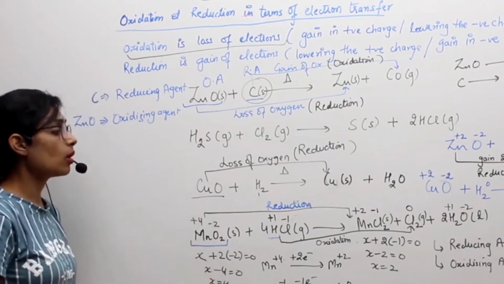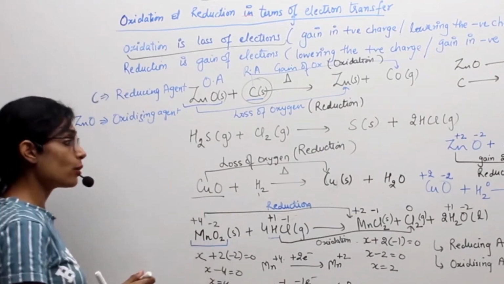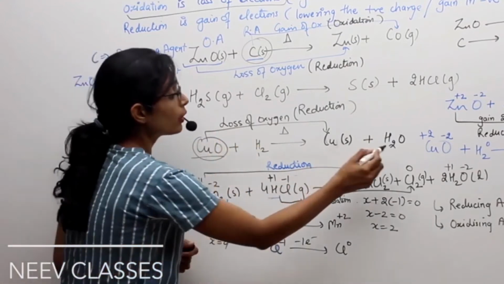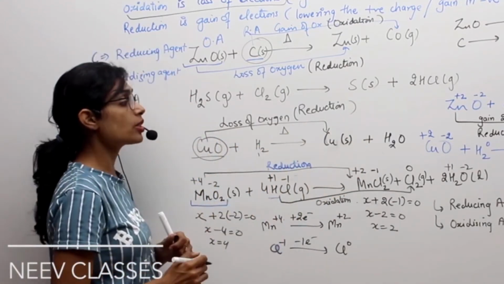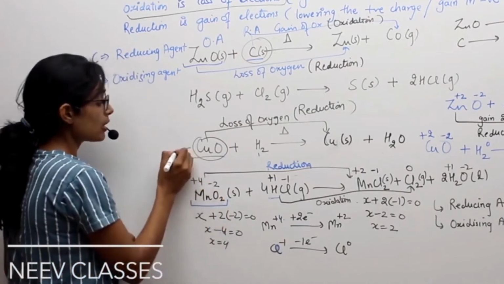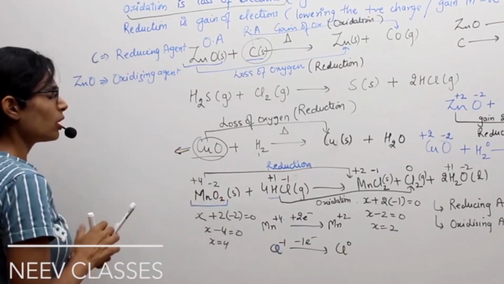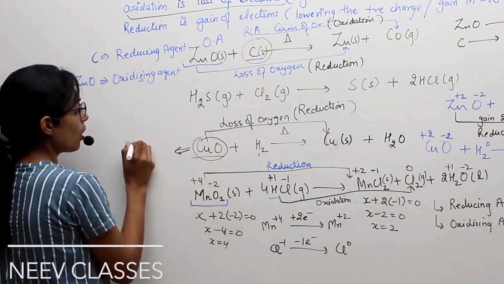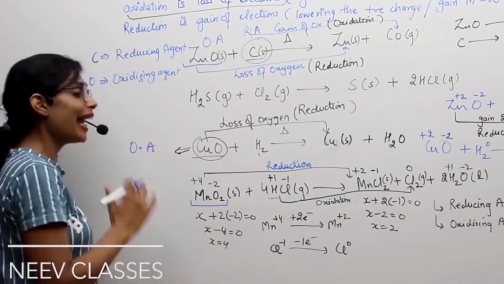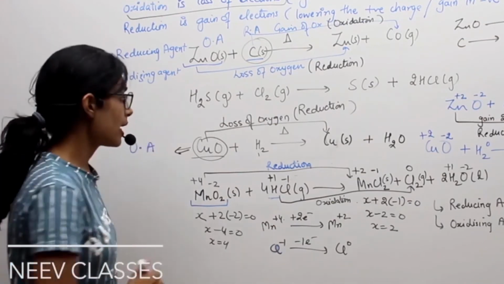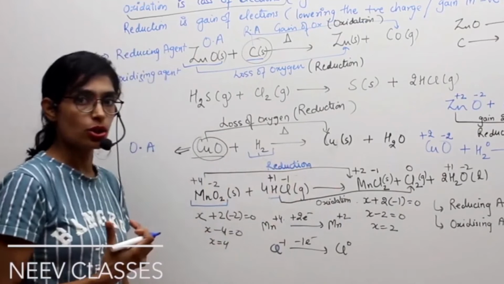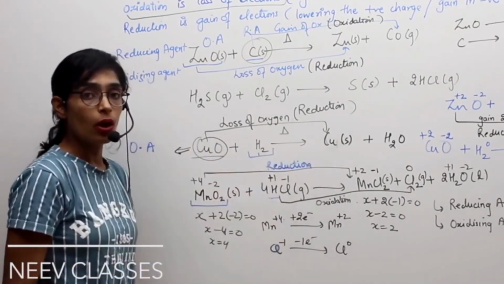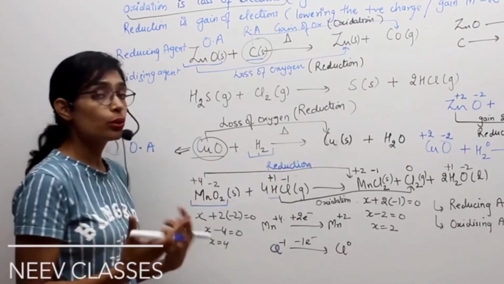Similarly, look at copper oxide and hydrogen. Copper oxide had given away its oxygen to hydrogen so that it could form water and oxidation could take place. That is why copper oxide is your oxidizing agent, because it helped hydrogen to get oxidized, whereas hydrogen took away oxygen, and that's how hydrogen helped copper oxide to become copper, or to do the required reduction.